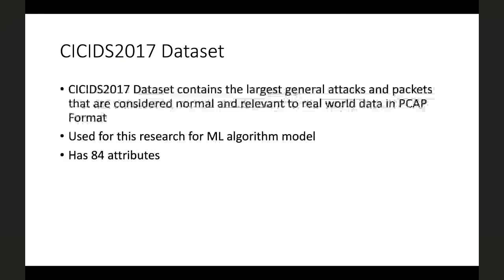We use this dataset as the data frame for our machine learning algorithm, and for the real test data we use real PCAP network traffic, which we convert to CSV format. The CICIDS 2017 dataset has 84 attributes, and we will reduce them in the feature selection process to 4 attributes.